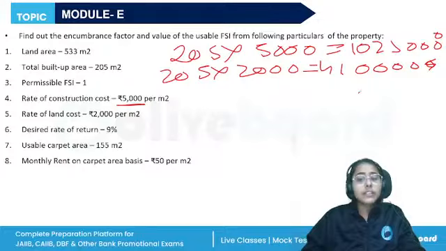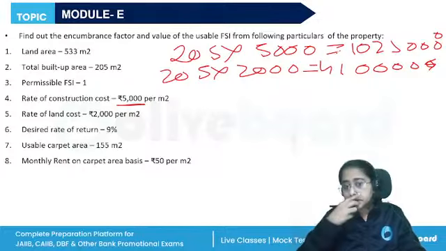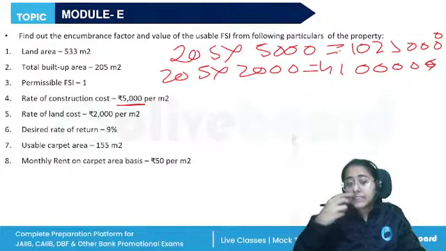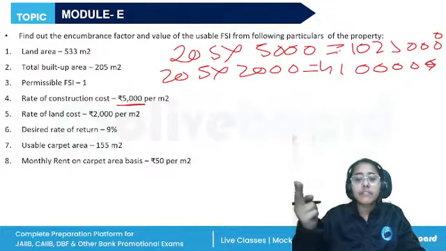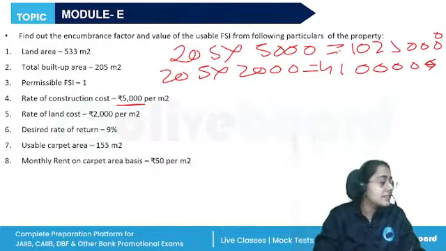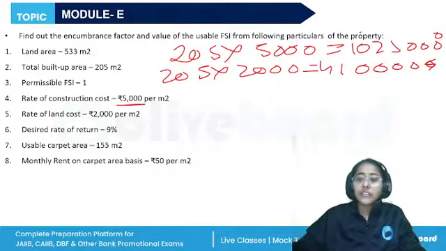Then third point will be the total cost and the desired yield will now be calculated. Why? Because 9% is given as the desired yield or rate of return. So the total cost, we will add both of these, which will give us the value around 14 lakh 35,000.